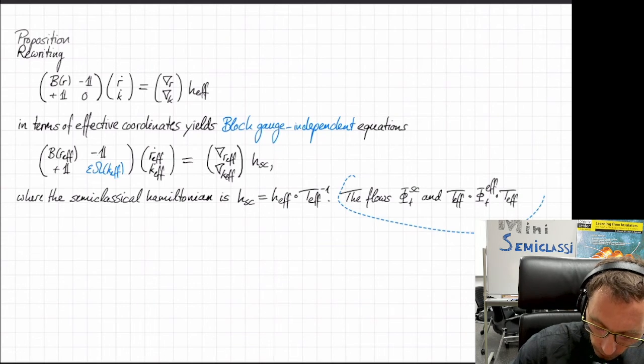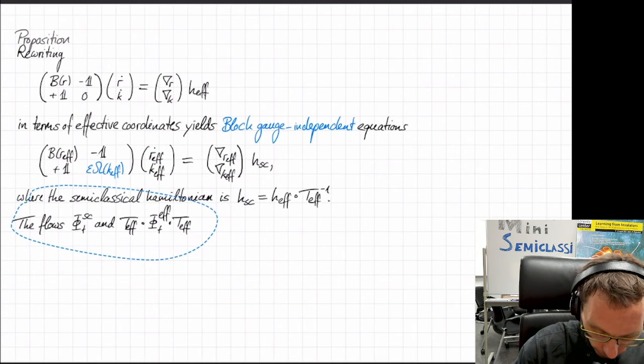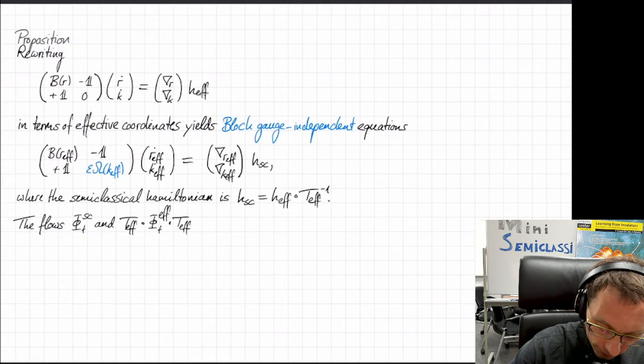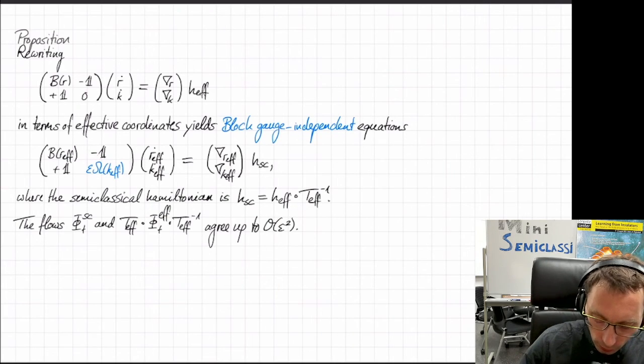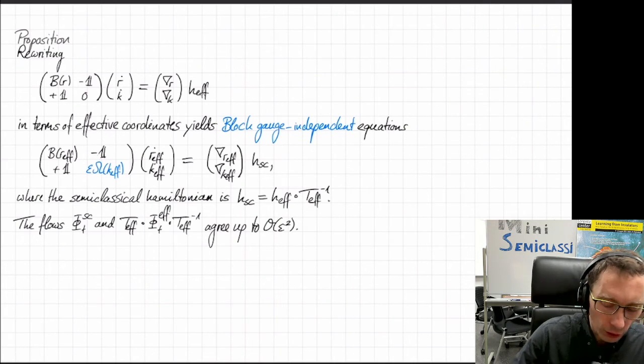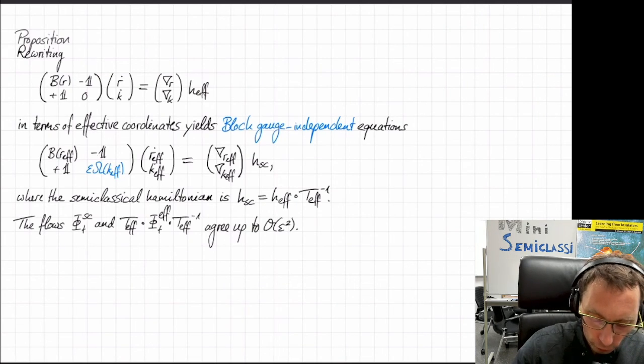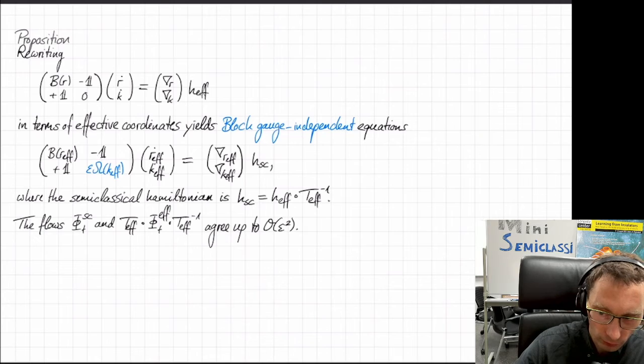So the semi-classical flow and the transformed effective flow agree up to, again, order epsilon squared, which is good enough. So how do you prove this? It's really just a variable substitution that you have to carefully implement, and that's that.